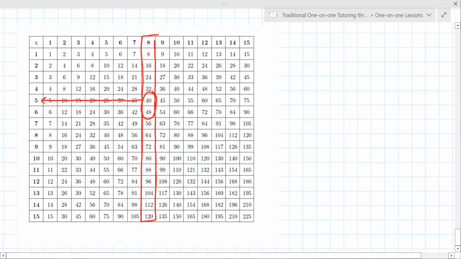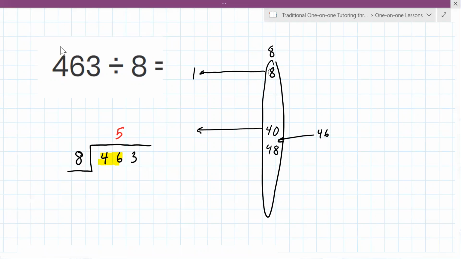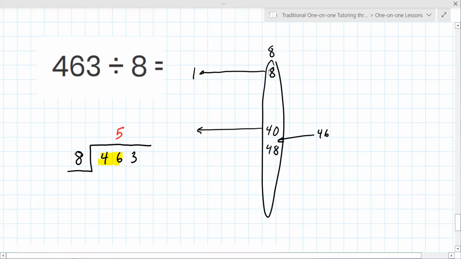So then you go over to the left and you choose that number 5. See how 46 is between 40 and 48? You always choose the smaller number. So we put a 5 in this position. What is 5 times 8?